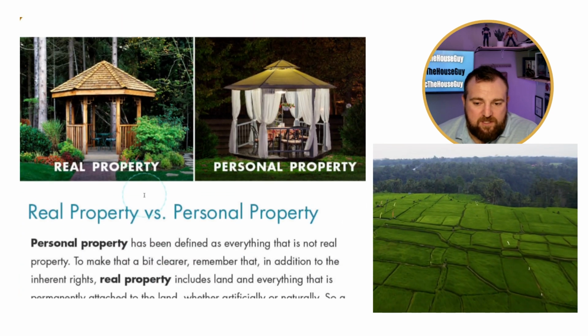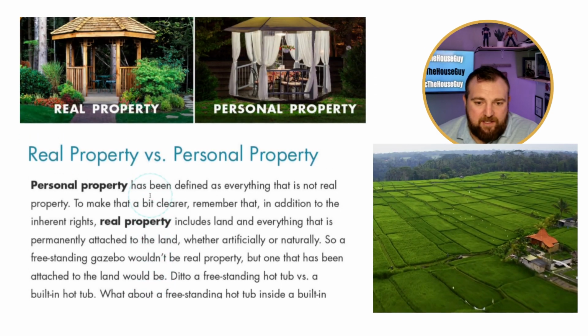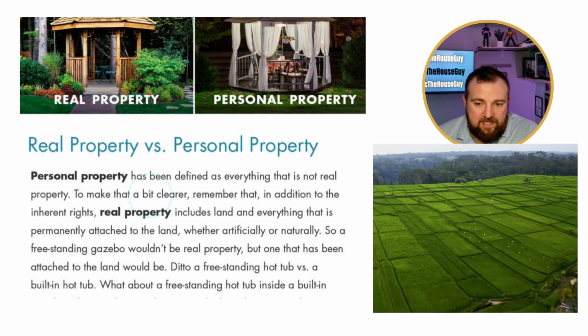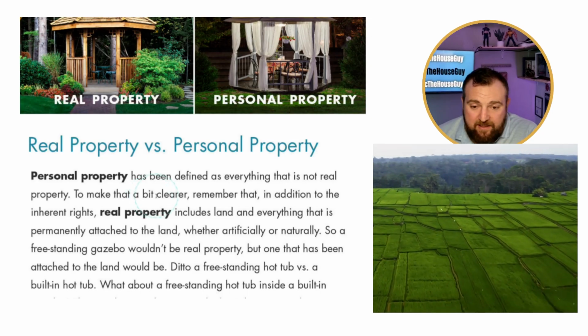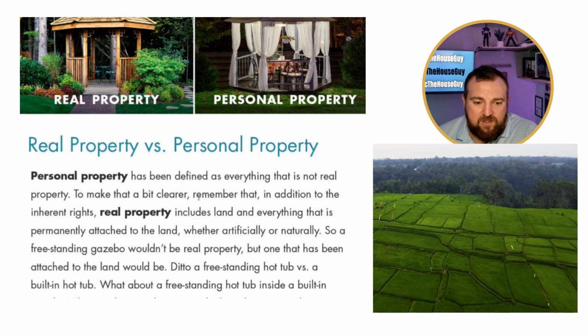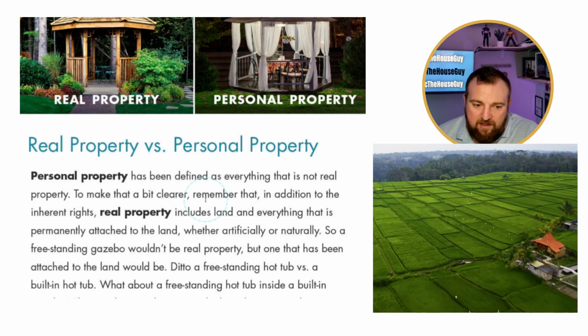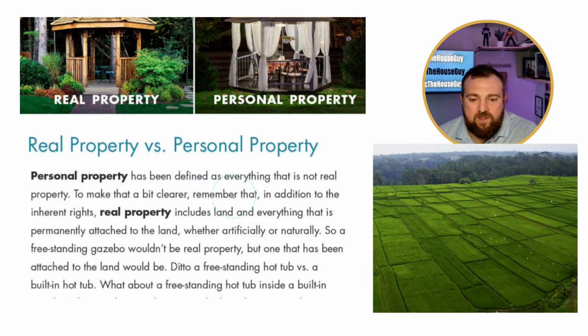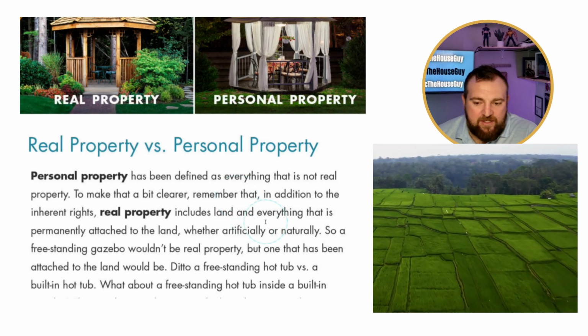Real property versus personal property. Personal property has been defined as everything that is not real property. To make that a bit clearer, remember that in addition to inherent rights, real property includes land, and everything that is permanently attached to the land, whether artificially or naturally.